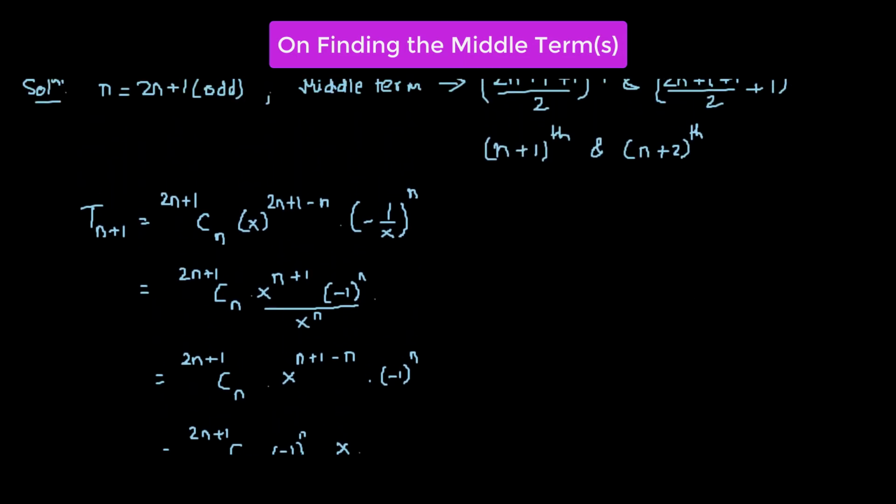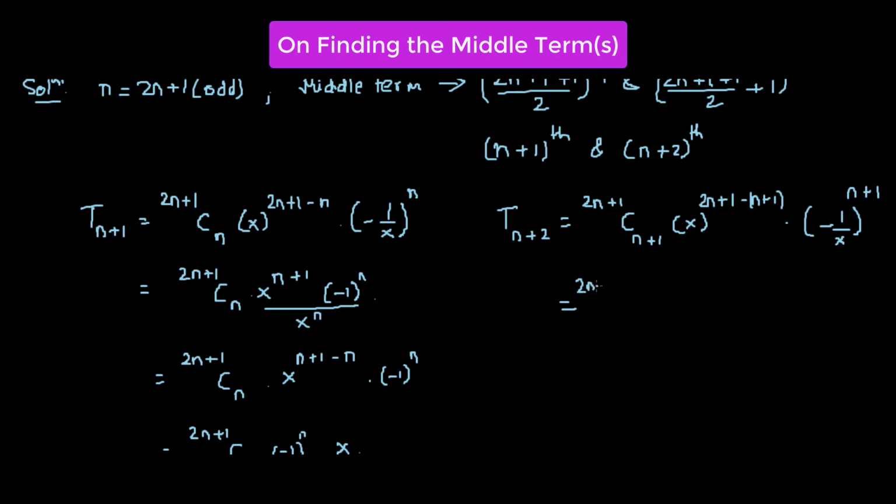Let's find the value of the other term, which is t n plus 2. So we have 2n plus 1 c n plus 1. It's always 1 less than the term number. So t n plus 2 equals 2n plus 1 c n plus 1 times x raised to the power of 2n plus 1 minus (n plus 1), times minus 1 over x, raised to the power of n plus 1.